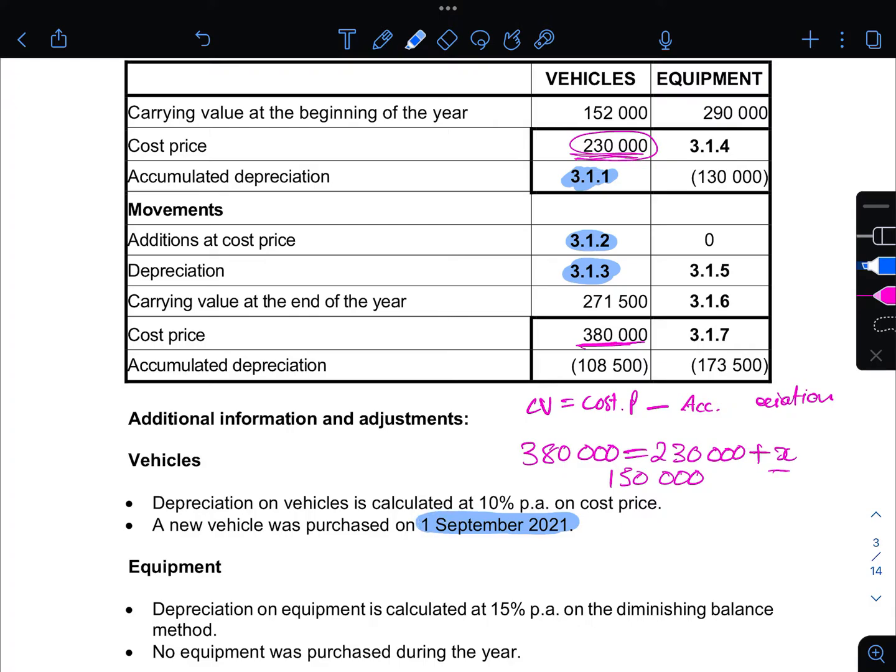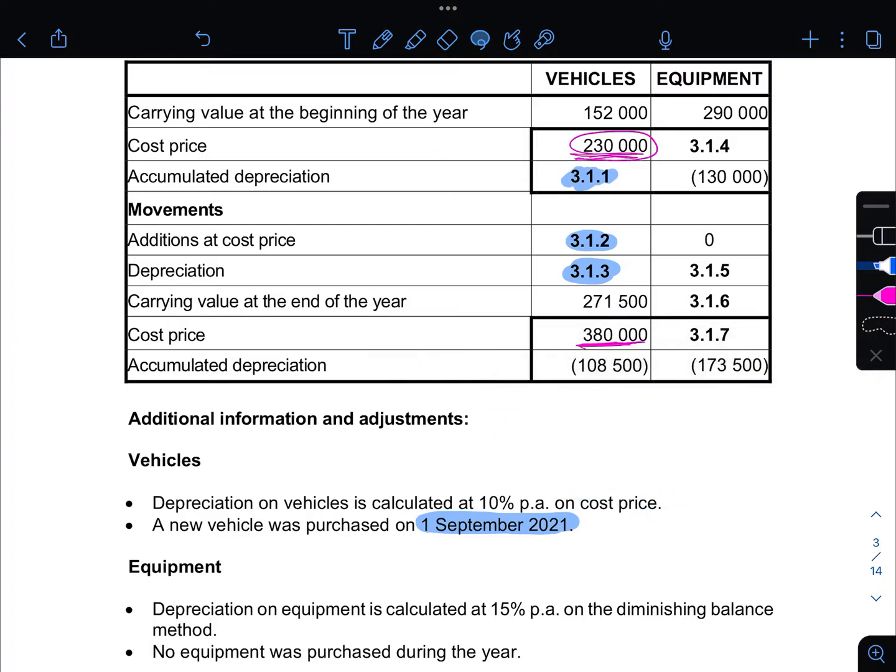When you are doing the vehicles depreciation, the new vehicle has to have its own depreciation because it can't depreciate for the whole year. It was bought on the 1st of September, and we know its value is 150,000.